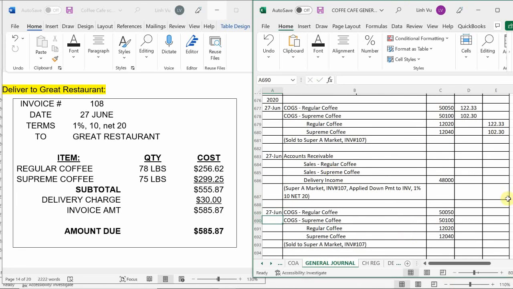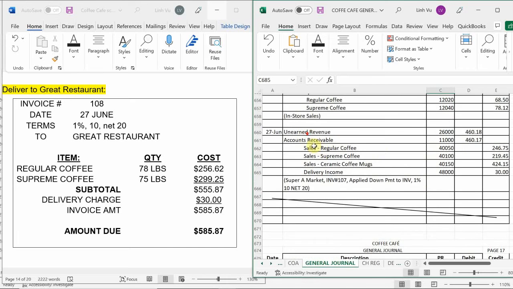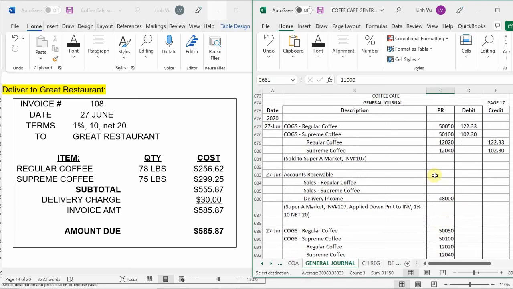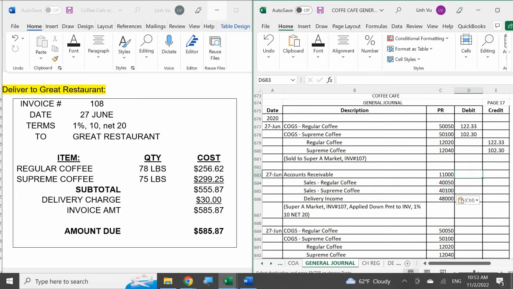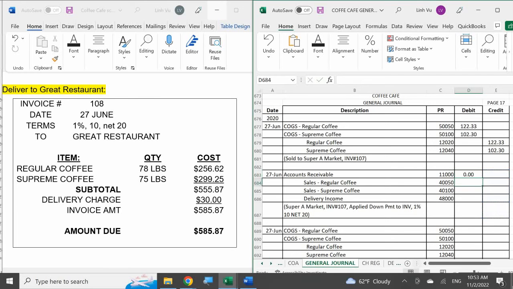Okay, so let's go ahead and write accounts receivable. Okay, accounts receivable. It's 585.87.